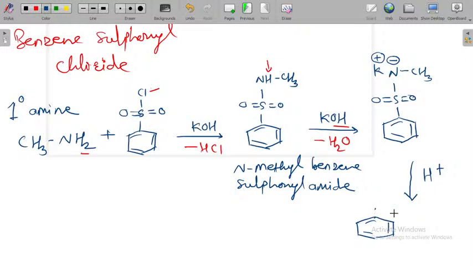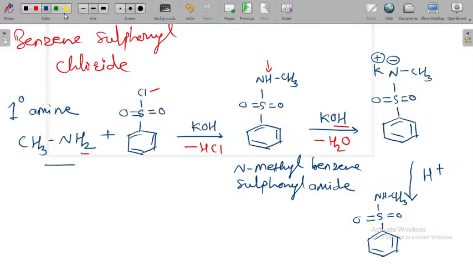So with this reaction, what we have achieved, that we will see now. This is S double bond O, NHCH3, means a primary amine gives a clear solution of this salt.